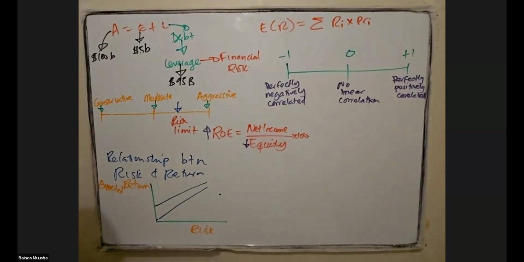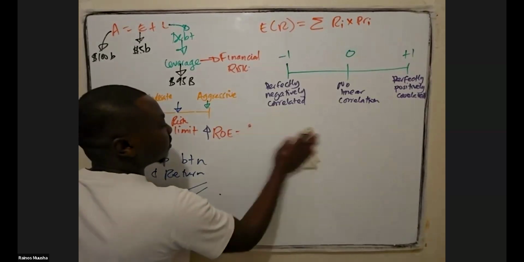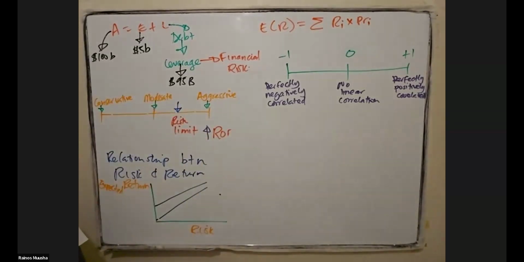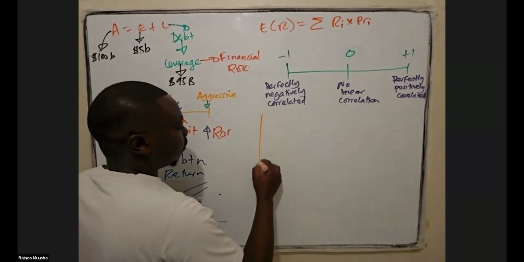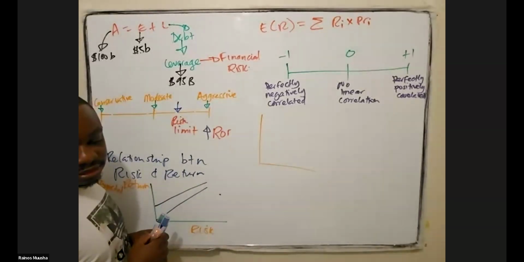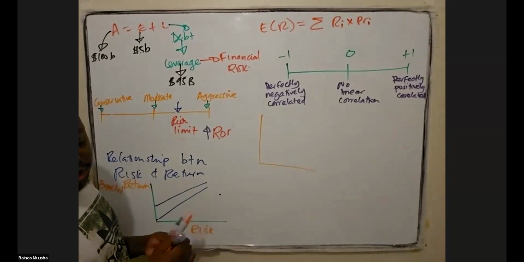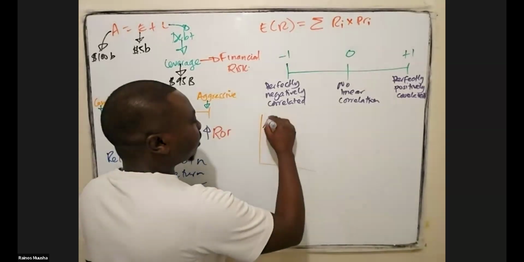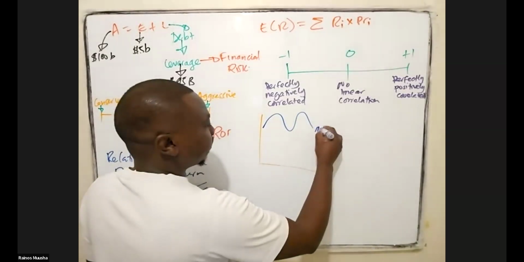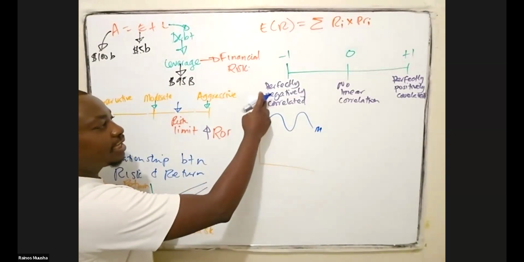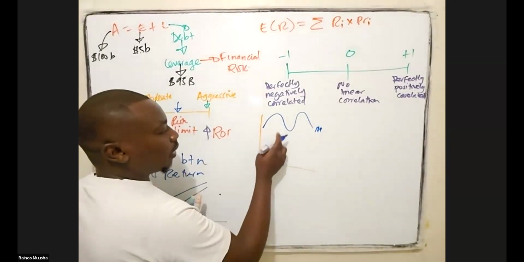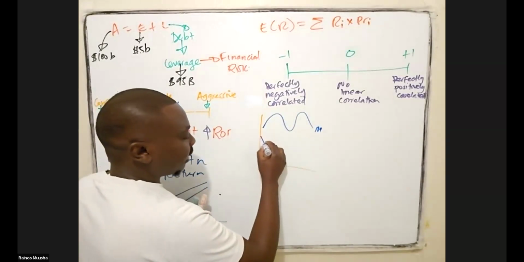So when you analyze the correlation coefficient between two variables, when something is perfectly negatively correlated, let's say we look at the movements of security M. We are saying that when M goes up, N goes down.